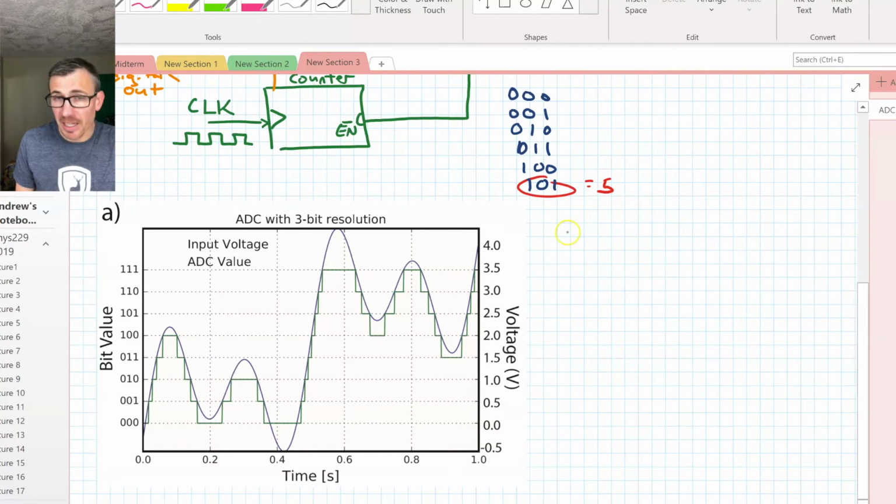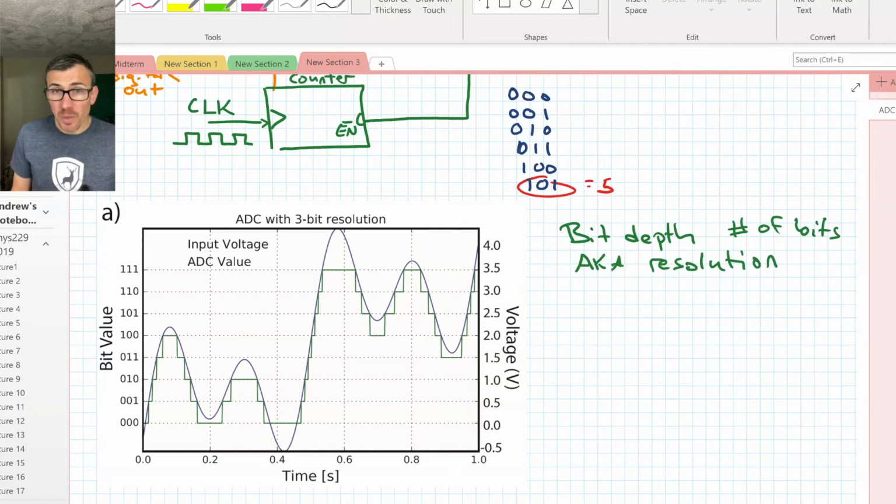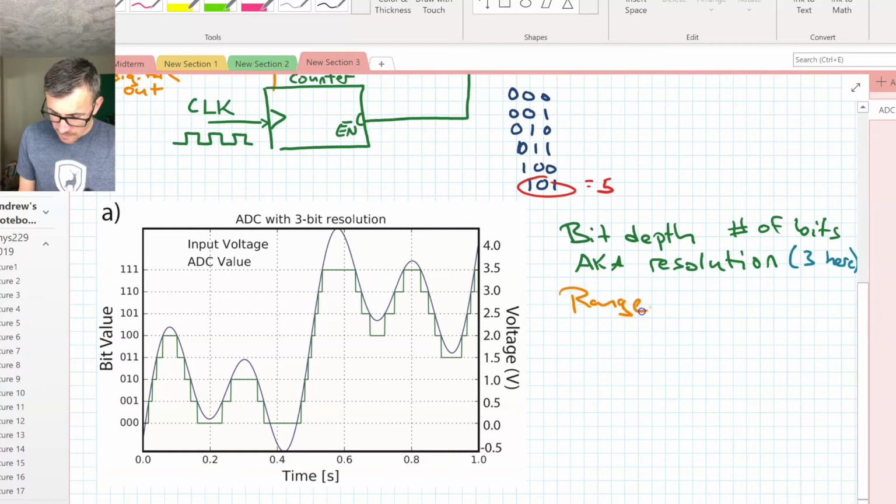So the bit depth, sometimes also called the resolution, but we'll keep it at the bit depth, is just the number of bits. And typically the more the merrier, is we have higher bit depth. If we had 8 bits, we had 256 possible values here, and this curve would look a lot smoother. So that's one thing. We'll say AKA resolution.